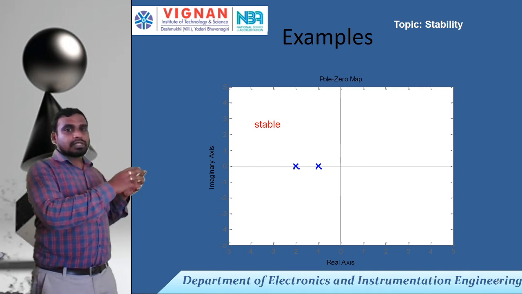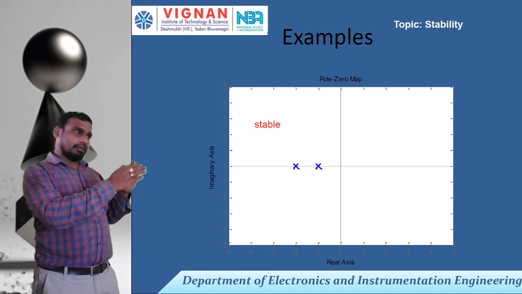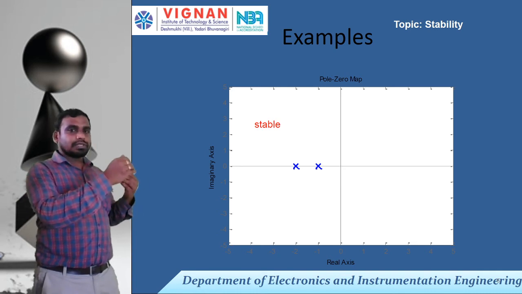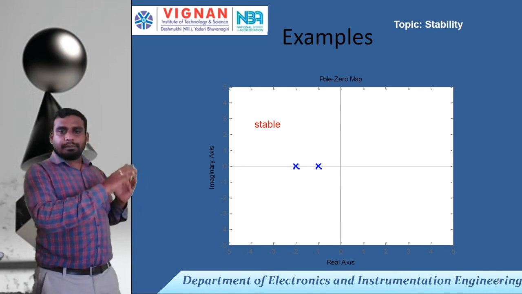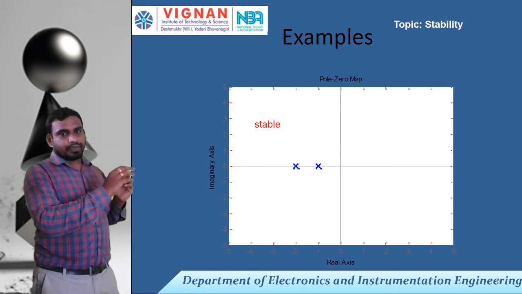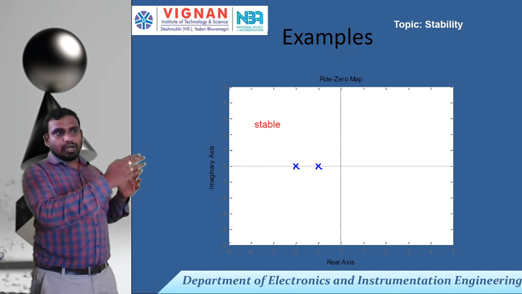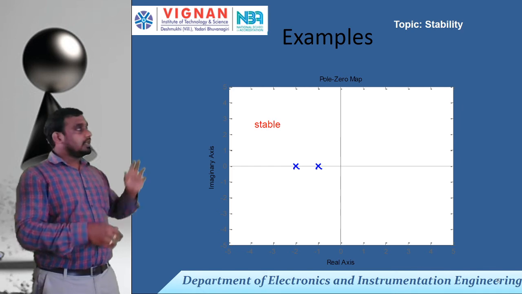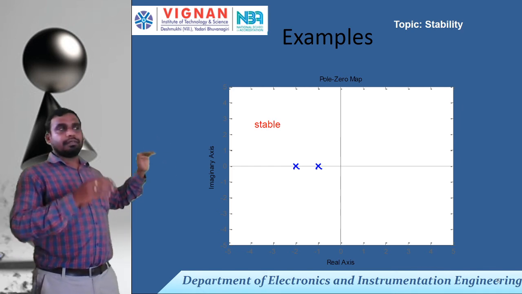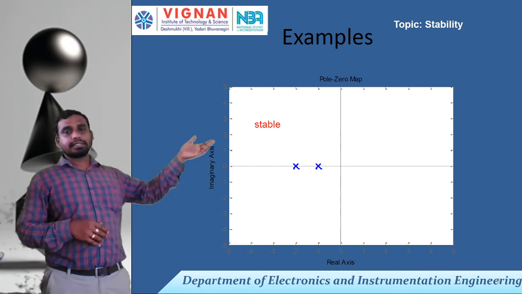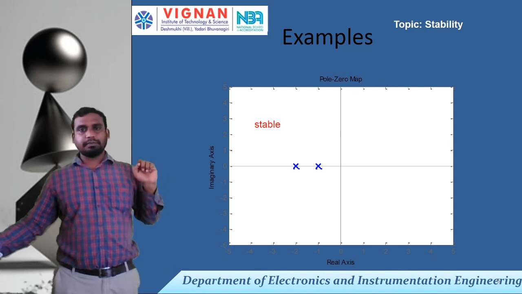Whatever roots we get, since they come from the denominator, we call them poles. If they are negative values, the system is stable. If they are positive values and lie on the right hand side, it is unstable. As simple as that.